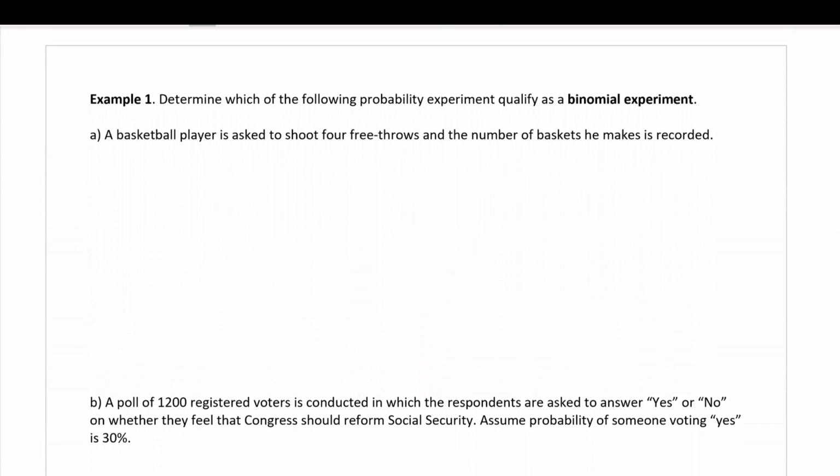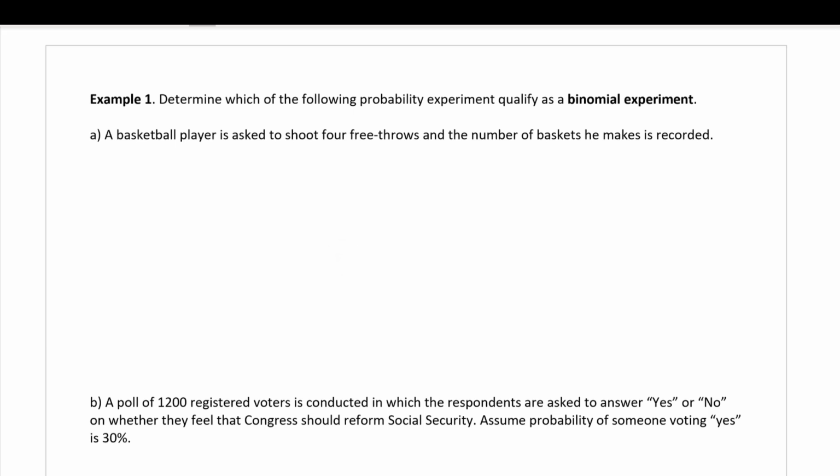Determine which of the following probability experiments qualify as a binomial experiment. All right, so we have a few examples here, and we just have to go down the criteria and ask ourselves, does it meet each one of these criteria? All right, so let's start with the first example here. It says, a basketball player is asked to shoot 4 free throws. The number of baskets he makes is recorded. All right.